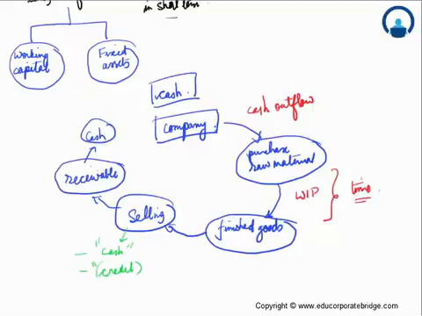So what we're talking about is an overall cash cycle where the company faces a cash outgo initially when they purchase the raw material. Then they look at processing the raw material. This raw material is essentially called inventory, and this inventory is processed into work in progress and then finished goods. Then finally the selling process takes place, and if it is cash, it is fine. If it is not cash, then receivables are formed and ultimately cash is received.